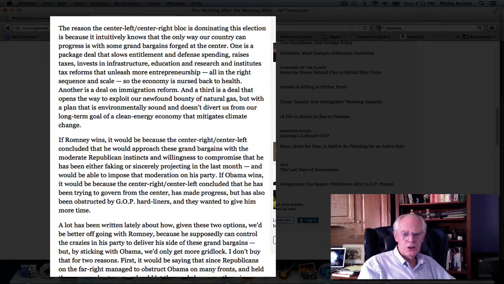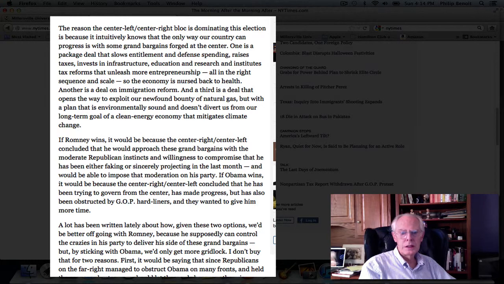"One is a package deal that shows enlightenment in defense spending, raises taxes, invests in infrastructure, education and research, and institutes tax reforms that unleash more entrepreneurship." A package deal. So we've got a phrase there, "package deal," that sounds a little informal again, fairly conversational. And that actually picks up again in the next two sentences. "Another is a deal on immigration reform."